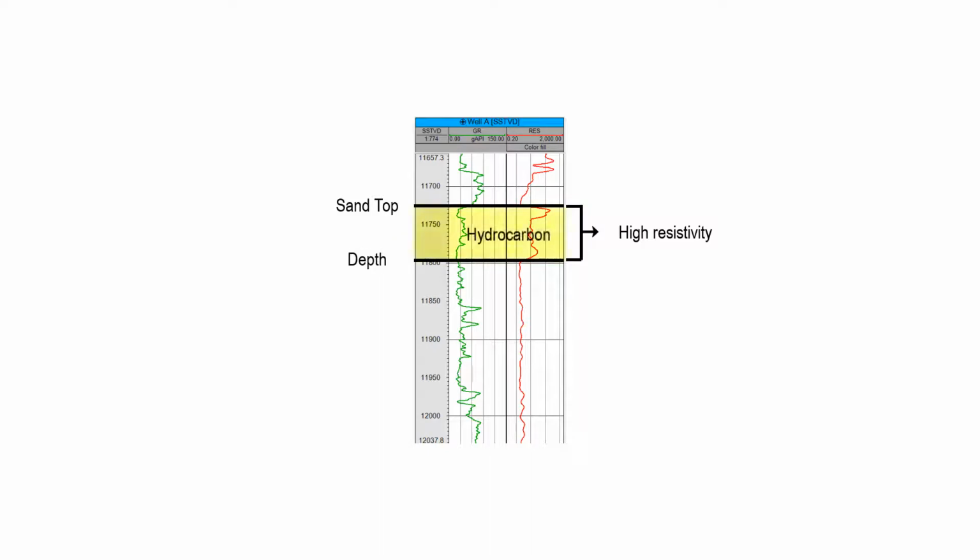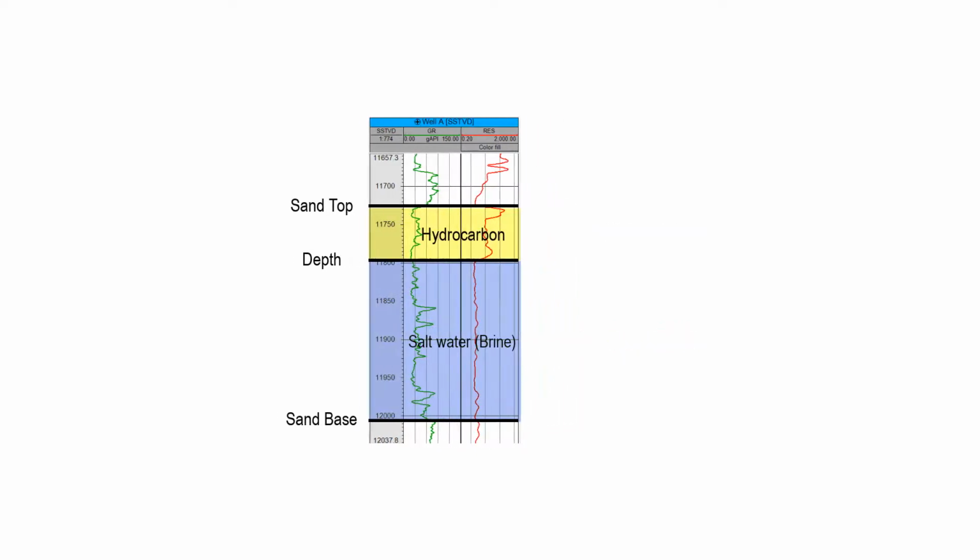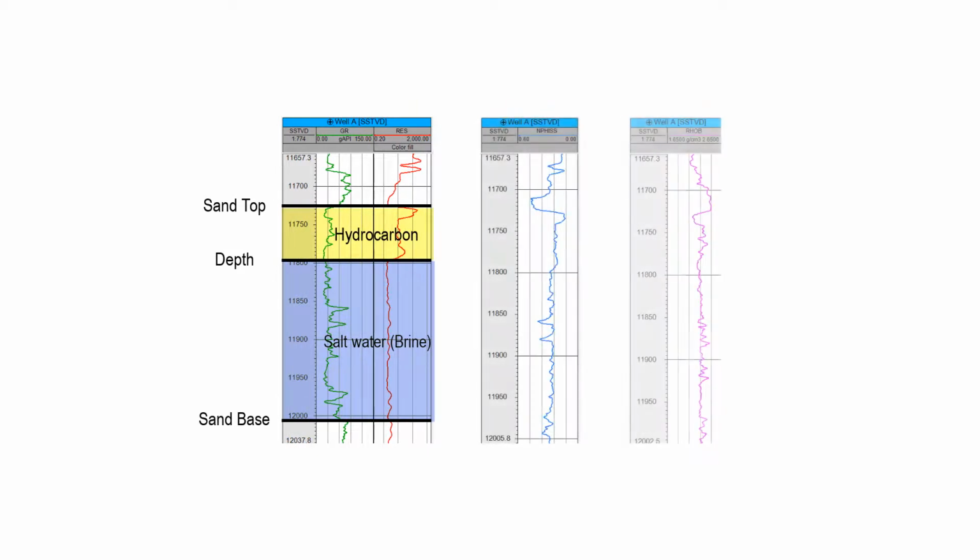And below the hydrocarbon, we have brine, that is, water with high concentration of salt, since we have low resistivity in this sand. But then, it is not clear what type of hydrocarbon is contained in this sand. So, we're going to use these porosity logs, that is, neutron and density logs, to determine the hydrocarbon types in the reservoir sands.